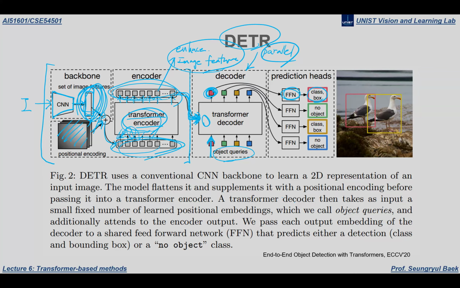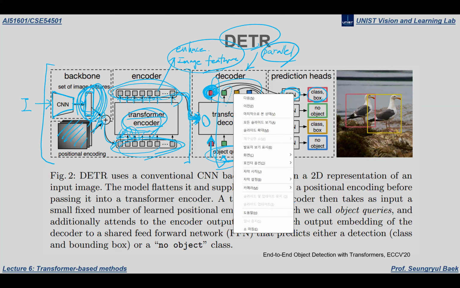Also, this decoder operation is parallelized. For each of these object queries, they can be parallelized. But in the NLP domain, this has to be done in a sequential way. When the first output is produced, then in the autoregressive way, they input that as another input to the next output prediction.